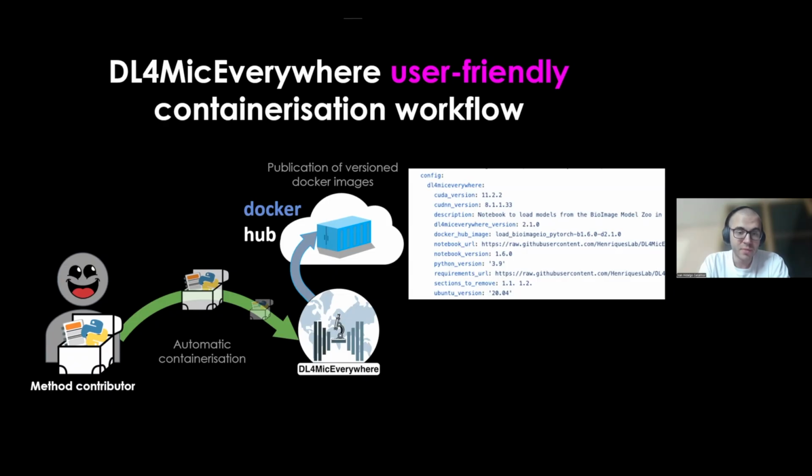You could have them in the DeepLearning for MicEverywhere GitHub collection, but if you still want to have control of your notebook and you want to have it in your own GitHub repository, that's also possible. You just need to point to your GitHub repository and it will still work that way. And the last thing is the notebook version.